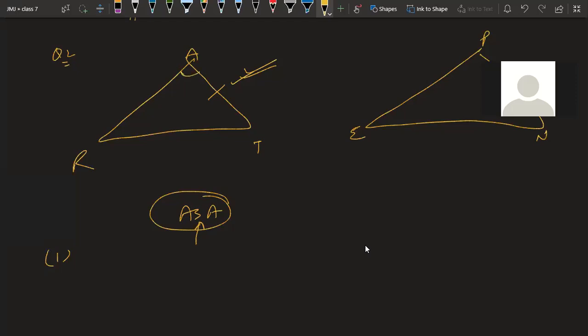So you need to prove this angle 1 equal to angle 2 and this angle 3 equal to angle 4. If this is given to you, you can easily use ASA criteria. So first thing we want is angle 1 equal to angle 2, and second thing is angle 3 equal to angle 4.